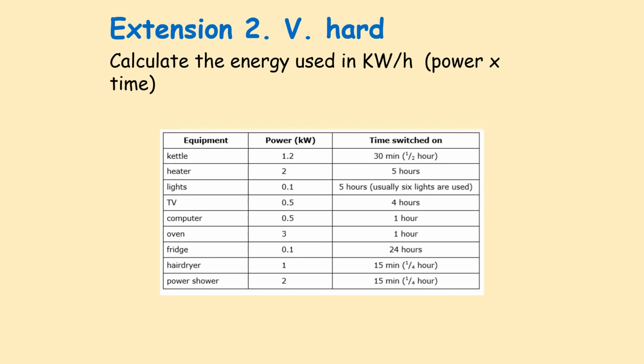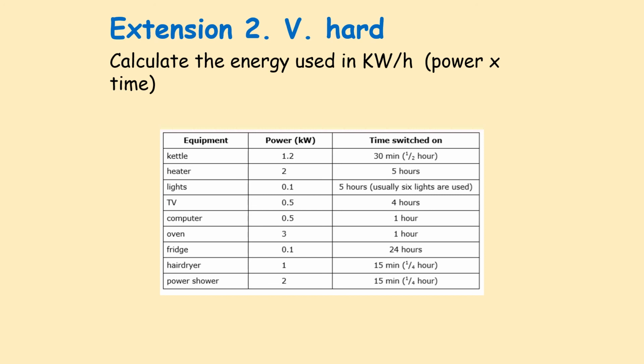About halfway down, you have the oven. So the oven has a power of 3 kilowatts. So that's 3,000 watts, so 3,000 joules of energy every second being transferred to the oven.